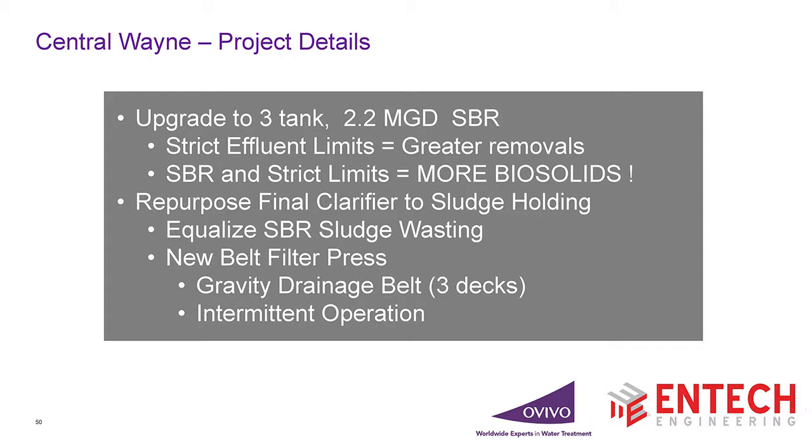That allowed us to equalize the sludge wasting from the SBR. We had some telescopic valves there for minimal thickening, but we got a new belt filter press, triple decker with a gravity drainage belt on top, and that allowed us to significantly thicken the solids going into the aerobic digesters. Next one, Brian.